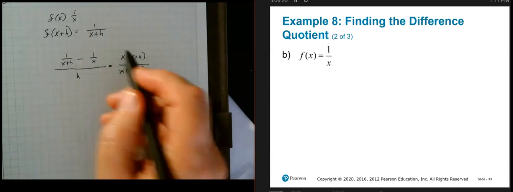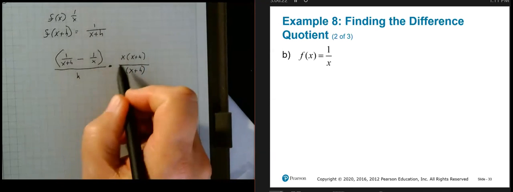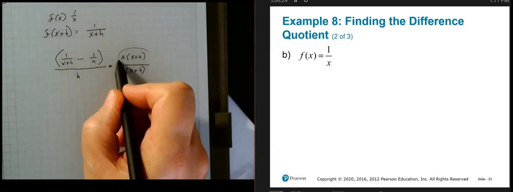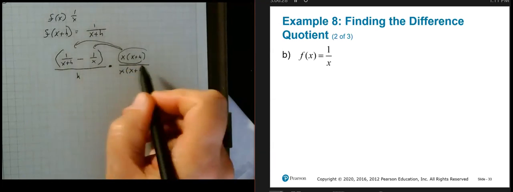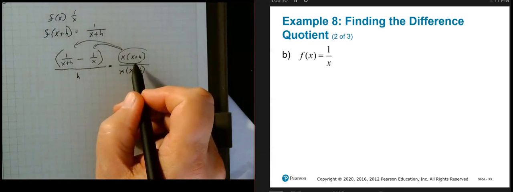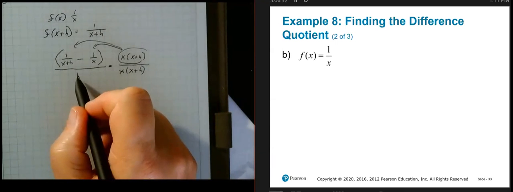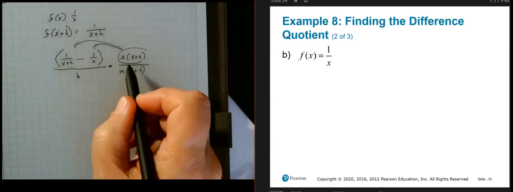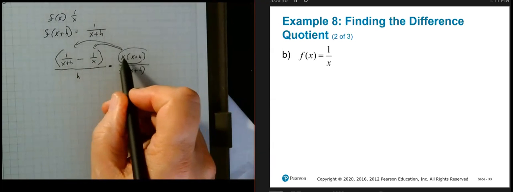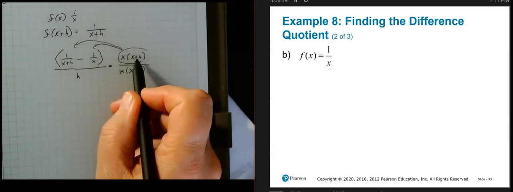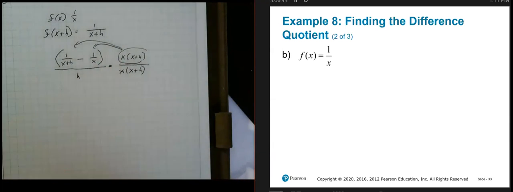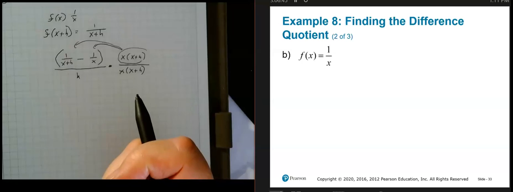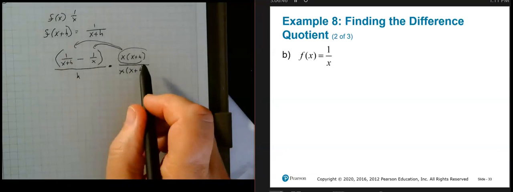So I'm going to multiply both the terms up here by x times x plus h, and I'm multiplying the denominator by the same thing. Please notice I did not multiply in the x. We want to leave everything factored until we can simplify things. Okay, so right now we're just going to leave it this way.